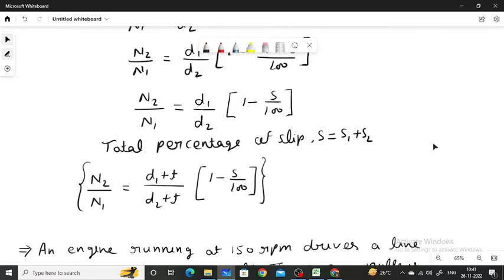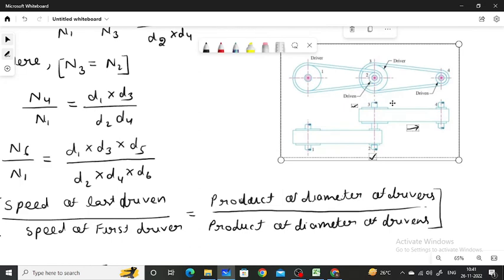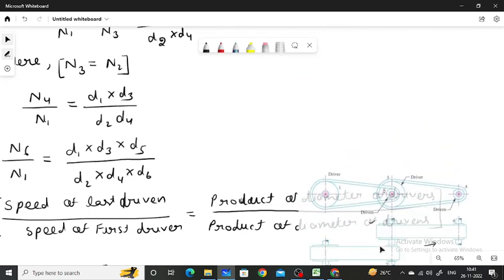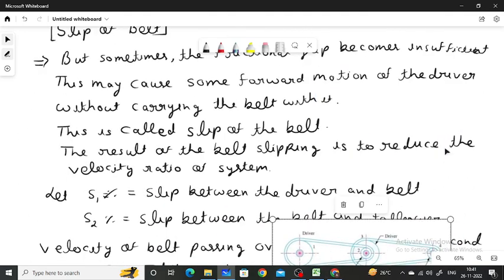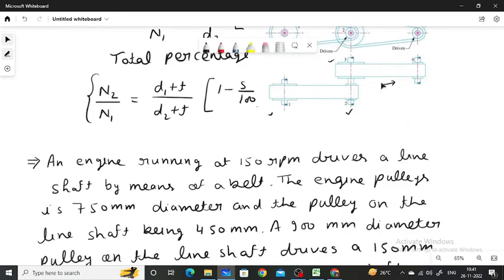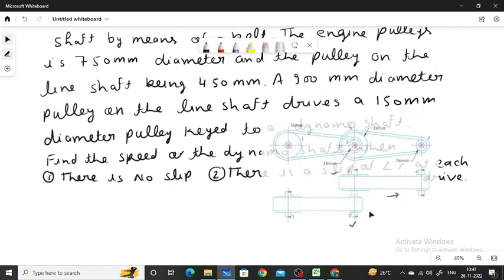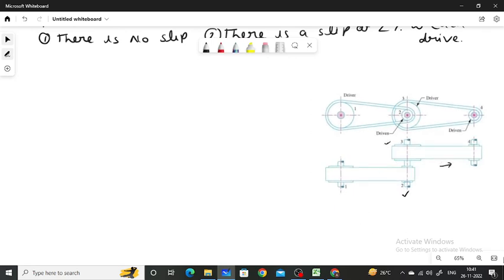Here this is a compound belt drive. Suppose the engine shaft has pulley 1, whose diameter is given as 750 mm.